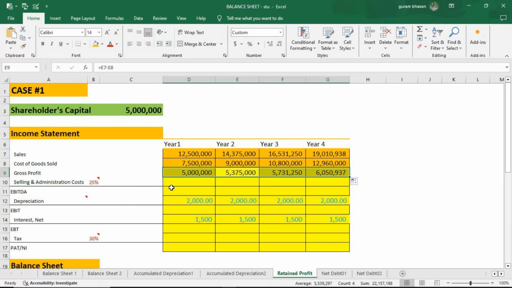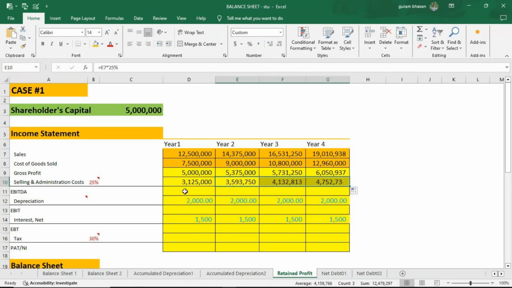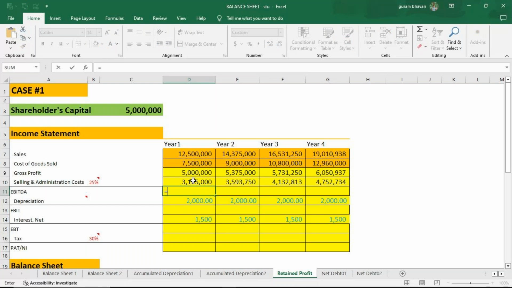So equals the revenue of the first year into 25%. Second year, revenue into 25%. I'm just going to apply the fill handle. Then EBITDA will be equals gross profit minus selling and administration cost. So I'm going to come and drag it.